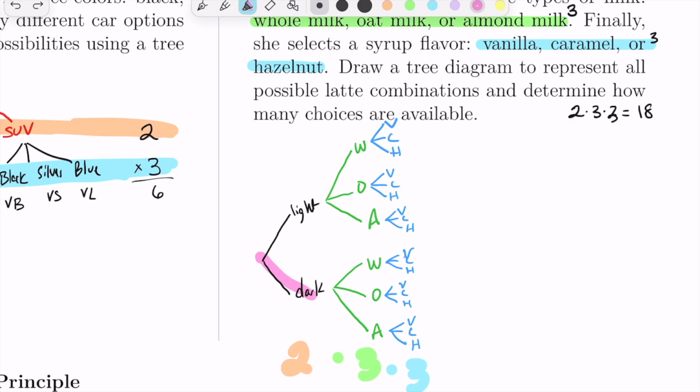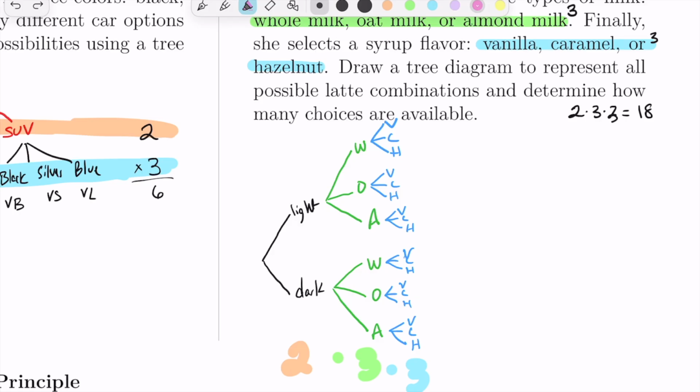Or you could choose dark roast with whole milk and caramel. That's one possibility. There's a total of 18 of them, and that's a lot. Just think if we had another thing, like whether you wanted whipped cream or not, or if you wanted sprinkles. Like these tree diagrams would grow really big, and they're just not convenient.